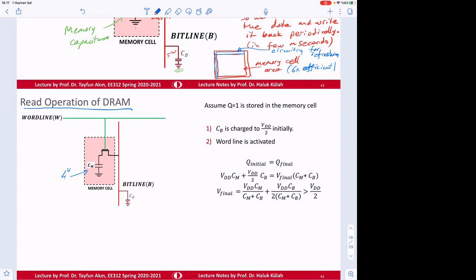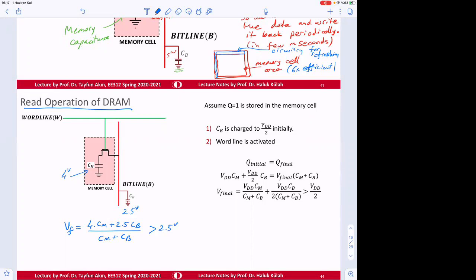We set this line again to 2.5 volt, and then the final voltage is going to be 4 times Cm plus 2.5 times Cb divided by Cm plus Cb. So this is going to be slightly larger than 2.5 volt.